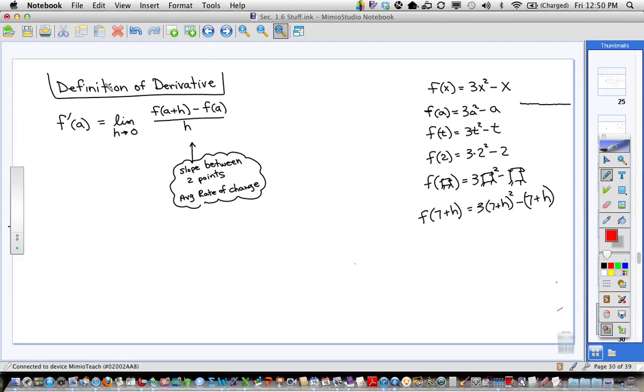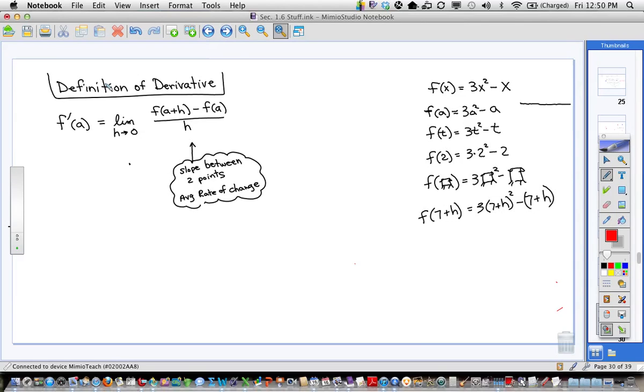Because h can't ever really technically be 0, right? Otherwise, this is undefined. But it can get closer and closer, infinitely close, which is stuff we've been talking about since day one, right? The door opening and how fast is it opening, right? But this is how we can formally say it.